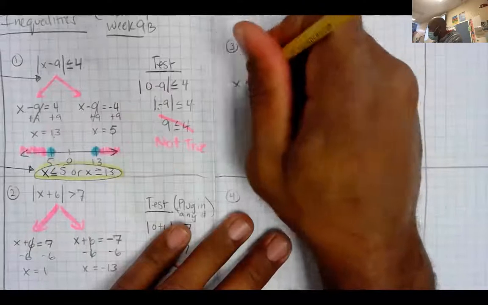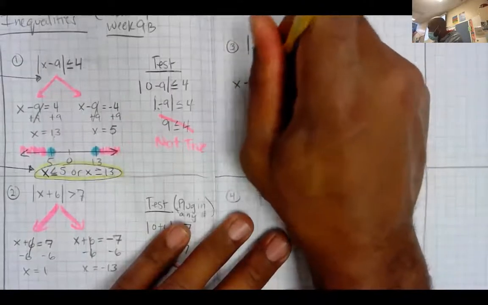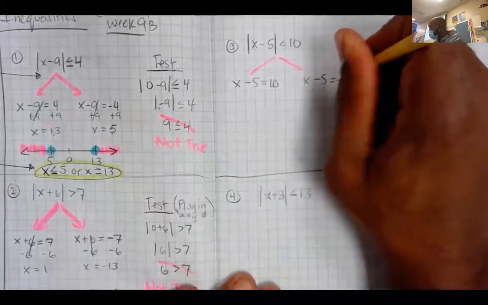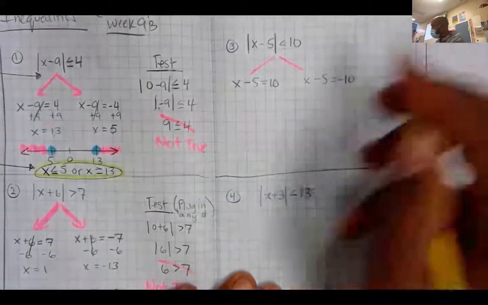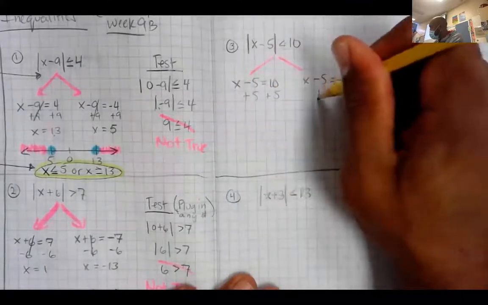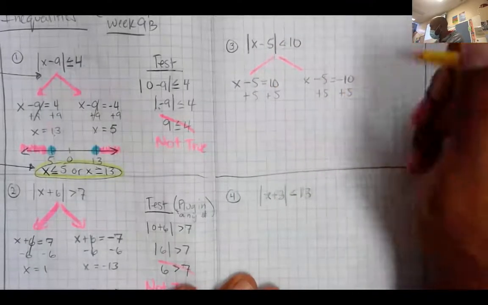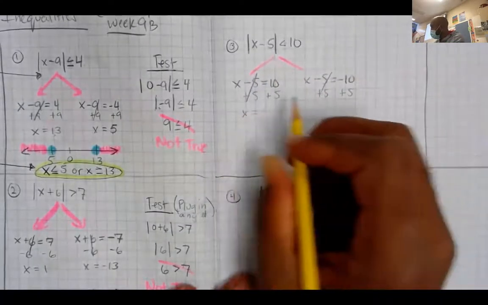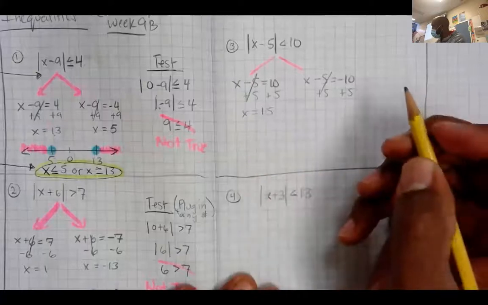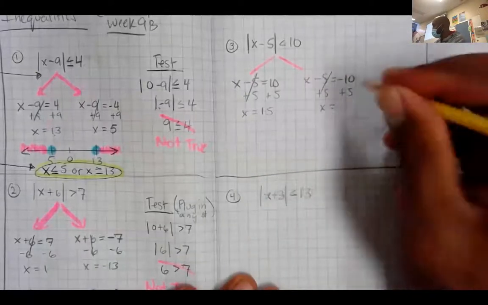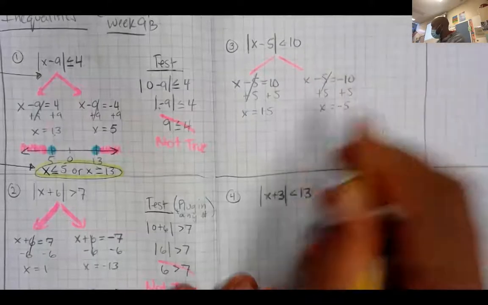I have x minus 5 equals 10. And then x minus 5 equals negative 10. Or that next second number switches. Add 5 to both sides for both equations. Those 5s cancel. In the first one, x equals 10 plus 5, 15. The second one is negative 10 plus 5, which is negative 5.